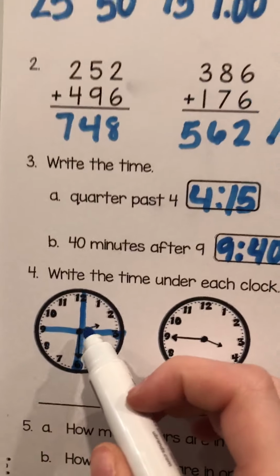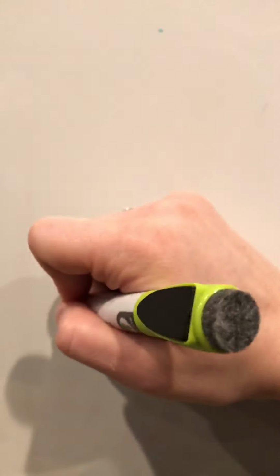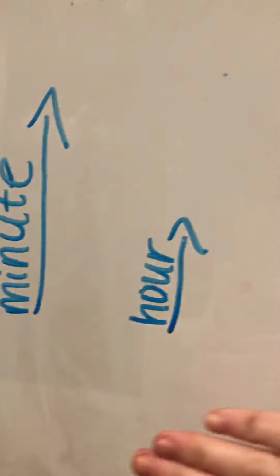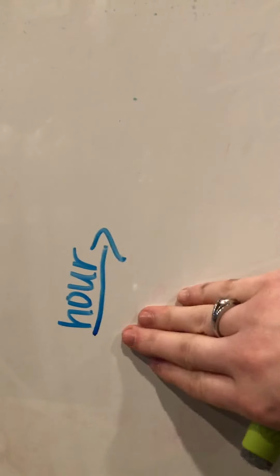Minute is a long word, so it needs a long arrow. And our hour is our shorthand. And we can remember this because hour is a short word. There's only 4 letters, so it only needs a shorthand. Minute is a long word, so it needs a long one. Hour is a short word, so it needs a short arrow.